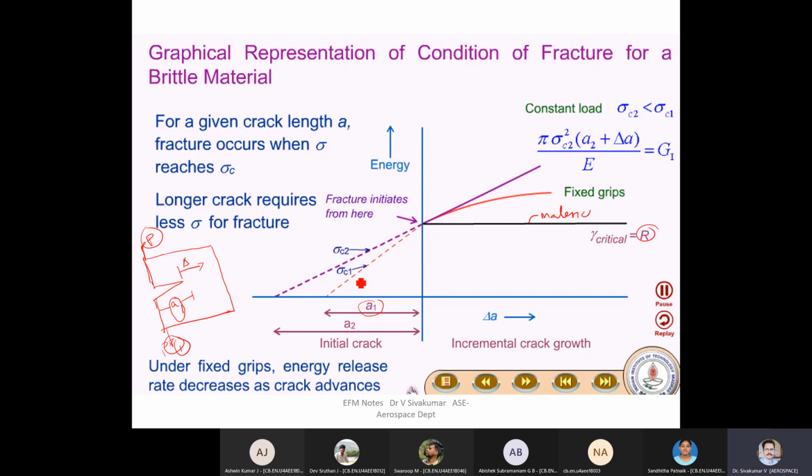Sometimes I may have this also: suppose a particular A is very, very small, then the stress is less than the R.